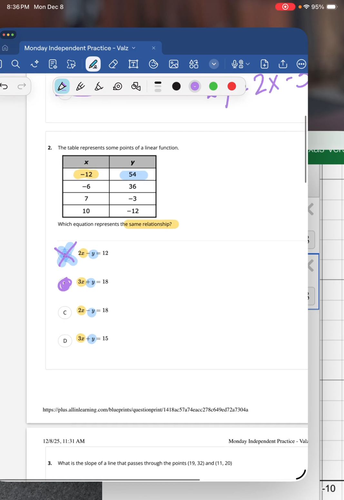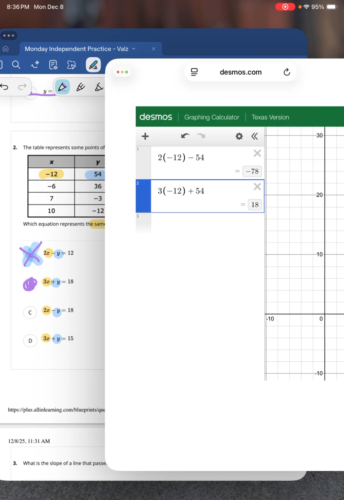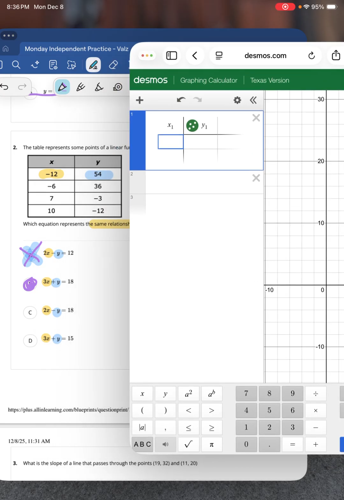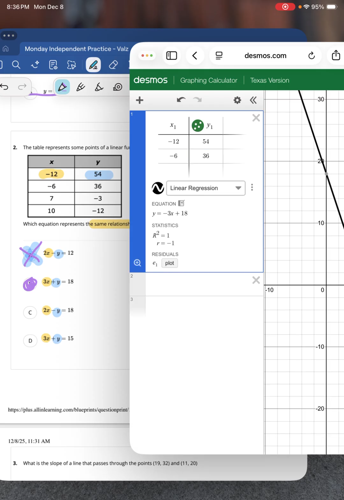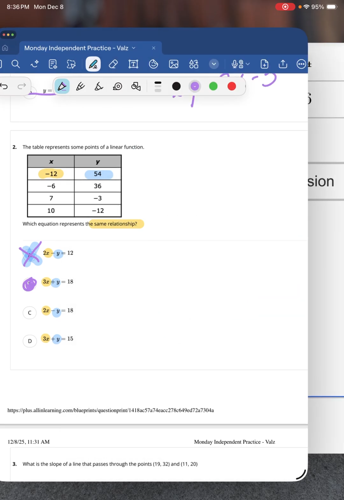So that's just like a really quick way I could solve that. If you don't do it that way, of course, you can go ahead and plug in 2 points from your table, and you can get what the equation is, which is -3x plus 18. So y equals -3x plus 18.